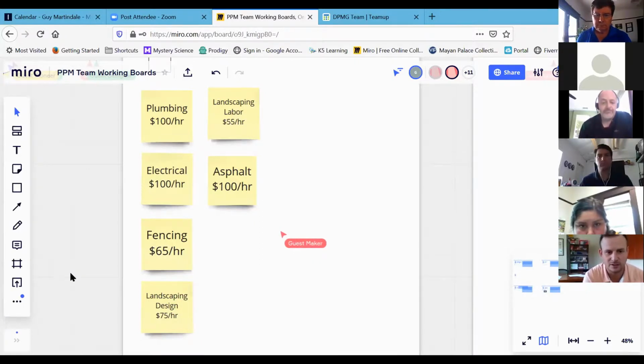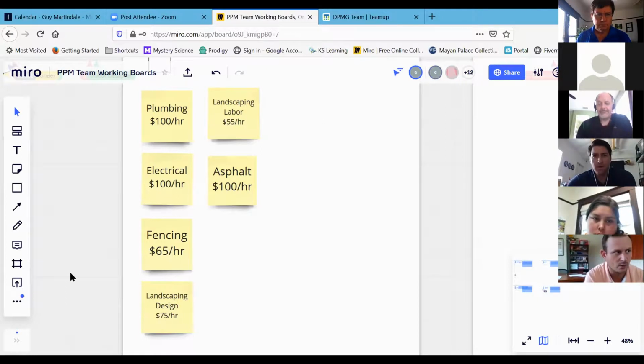It's kind of interesting to go through this and see, okay, a lot of the labor for landscaping is going to be relatively cheap, just because they usually bring in cheap labor. But then the landscaping design, of course, is going to be a little bit more costly. And it was also interesting because this is a project one of our team members has ongoing, and you don't necessarily get bids back in cost per hour.